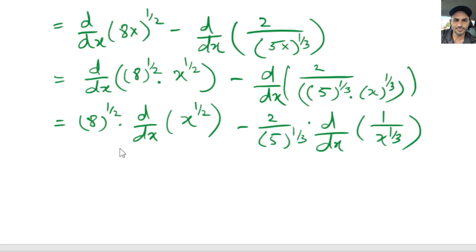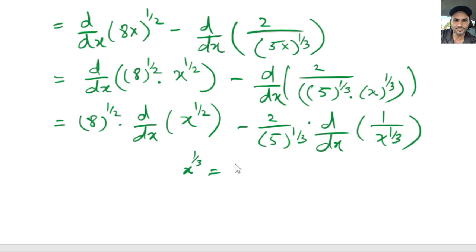And here I'm going to use another property. Whenever we have x raised to something, let's say x raised to the 1/3, we can also write it as 1 over x to the 1/3.